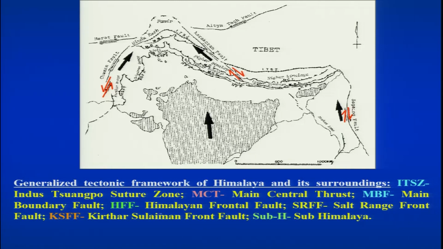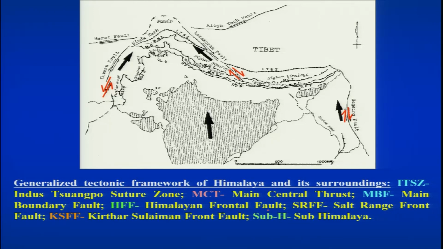So, we have the ITSZ, the Indo-Sangpo suture zone, then the MCT, main central thrust fault system, the MBF or MBT, main boundary fault system or main boundary thrust system, and then the Himalayan frontal fault system or Himalayan frontal thrust system.